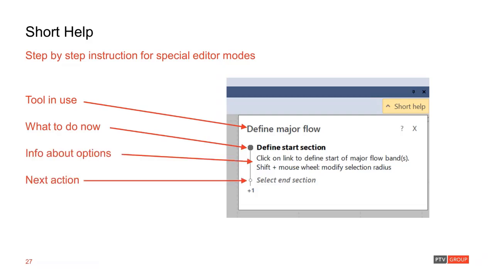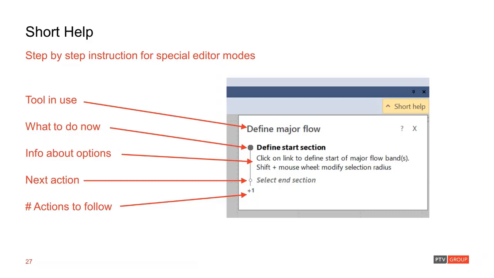And then it also tells you about options, for example, if some keys on the keyboard modify what your mouse actions do, and you also see what the next action will be and the number of following actions in that whole process. So this is very useful if you do one of those things for the first or second time.